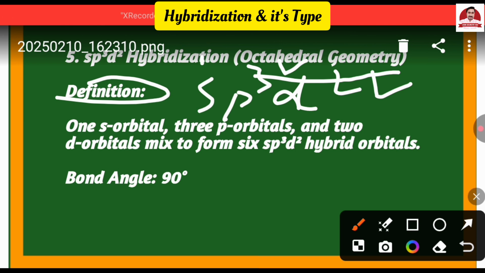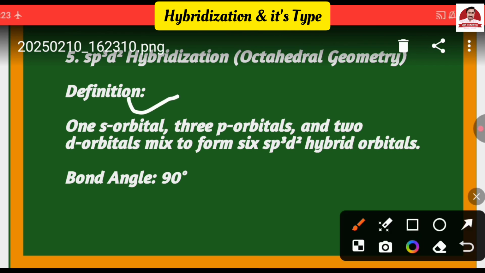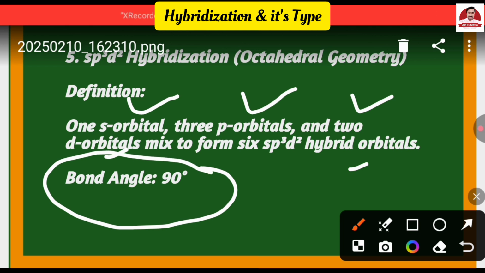So 6 atomic orbitals participate in the sp3d2 hybridization, that is 1s, 3p and 2d orbitals mixed to form 6 sp3d2 hybrid orbitals. And the molecules which have sp3d2 hybridization have a bond angle of 90°.